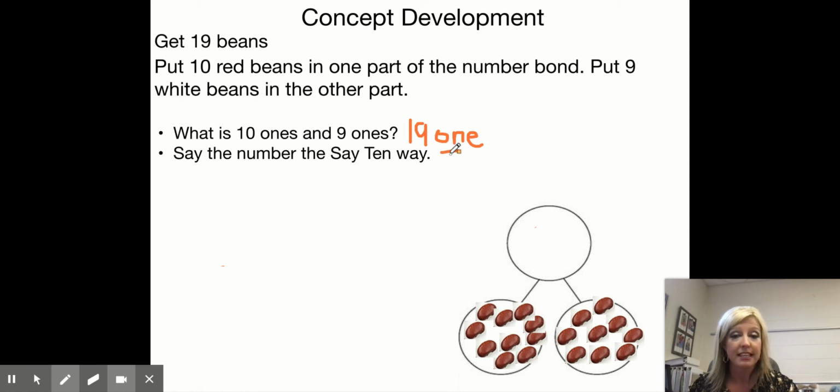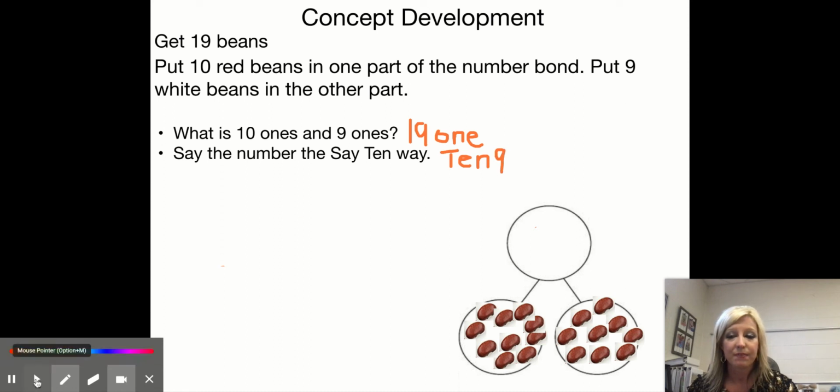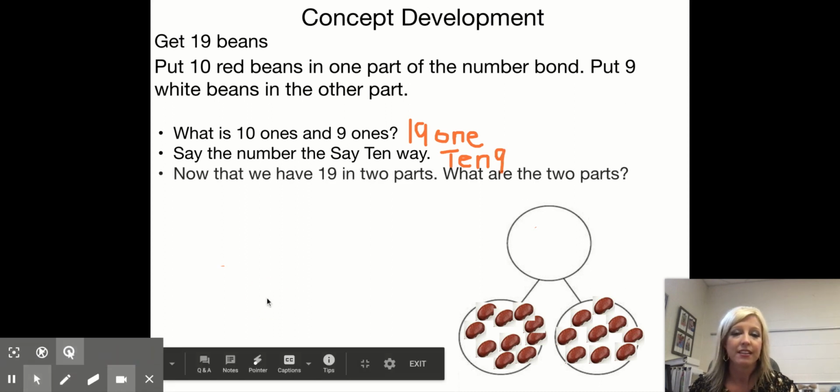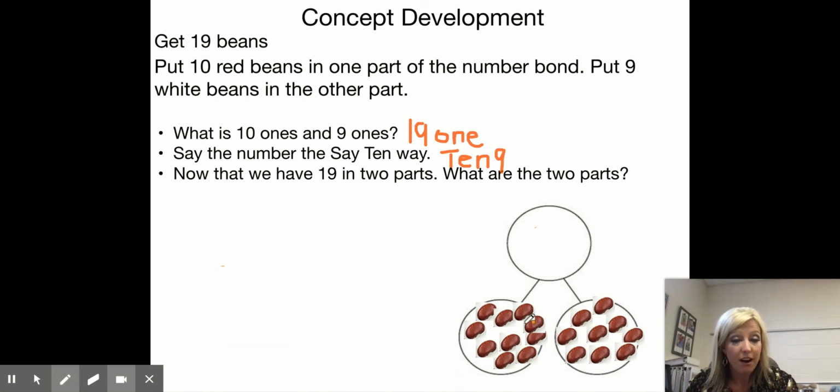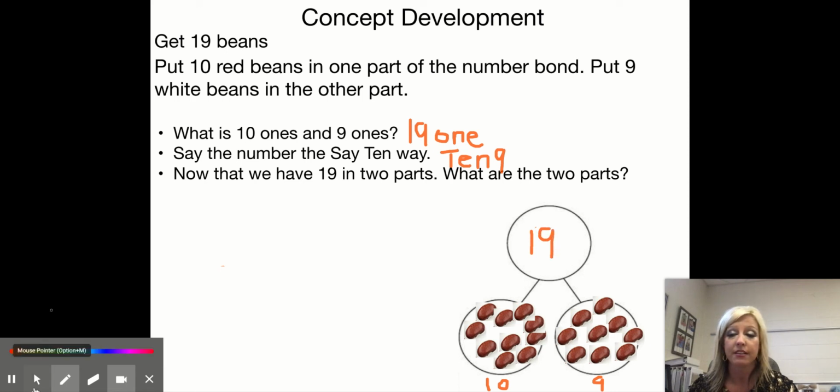Very good. We say 10, 9. Now that we have 19 in two parts, what are the two parts? 10 and 9. And if you have 10 and 9, that gives you a total of 19. Very good work.